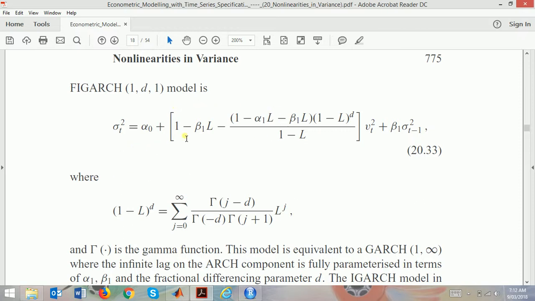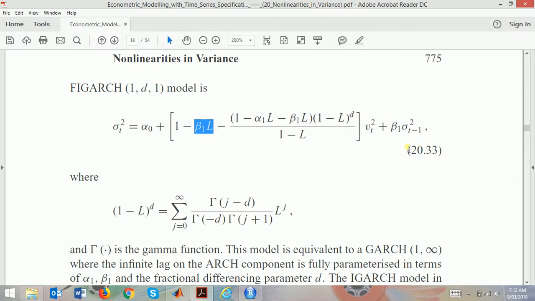Alpha naught, 1 minus beta 1 L. So basically, instead of alpha 1, we are taking 1 minus beta 1 and we are taking the lag parameter. So 1 minus beta 1 L minus 1 minus alpha 1 L minus beta 1 L, 1 minus L to the power d divided by 1 minus L.